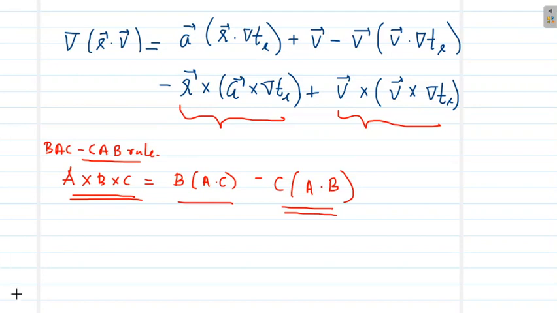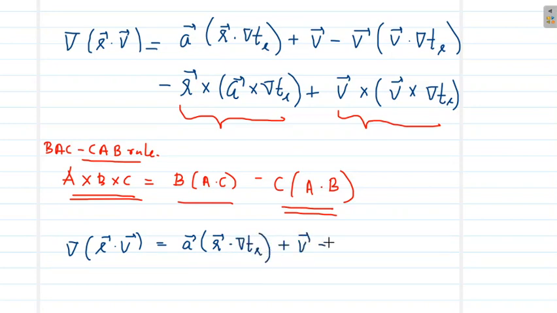So we have del of r bar dot v bar equal to the first two terms, which are a bar into r bar dot del tr plus v bar minus v bar into v bar dot del tr, minus of, here what are A, B and C?